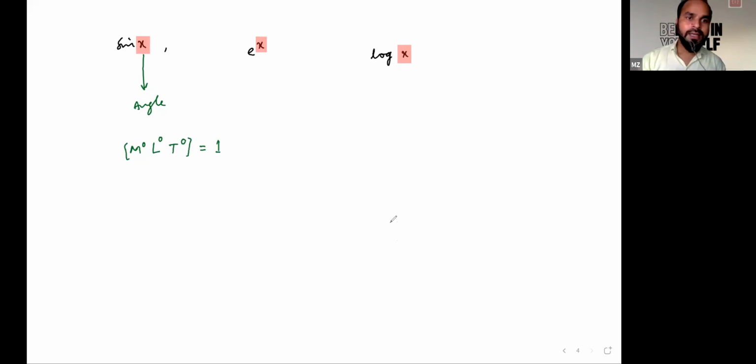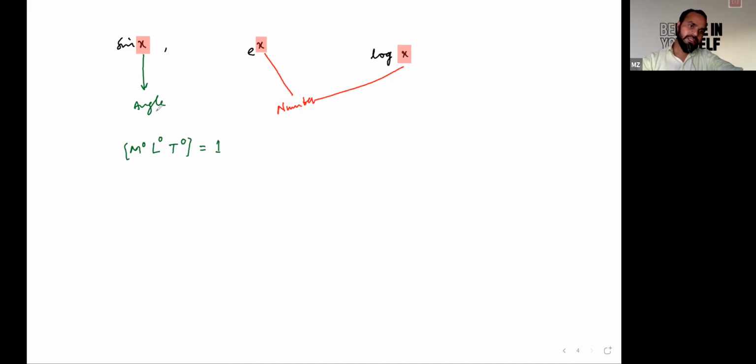Okay. Similarly, this x would define nothing but a number or pure number. As we already know, a number is a dimensionless constant.